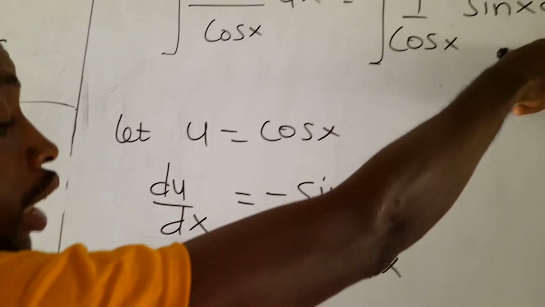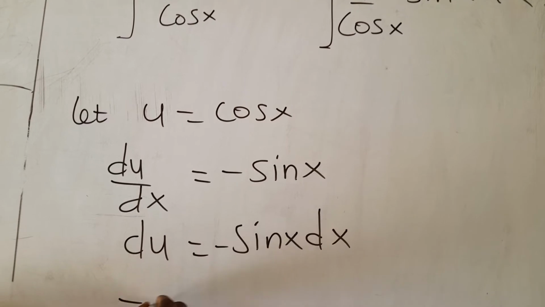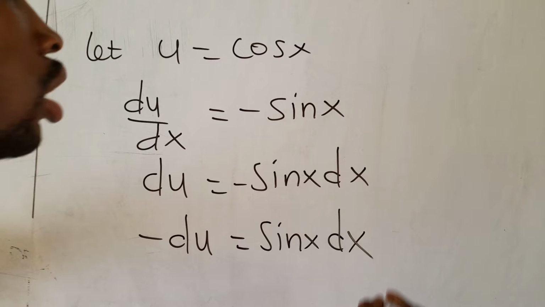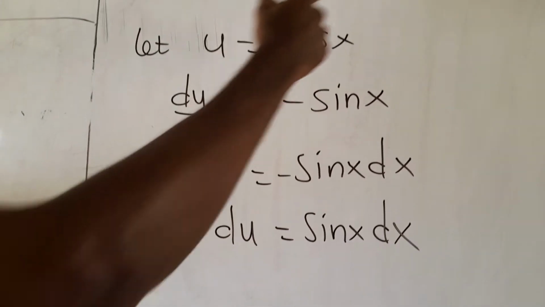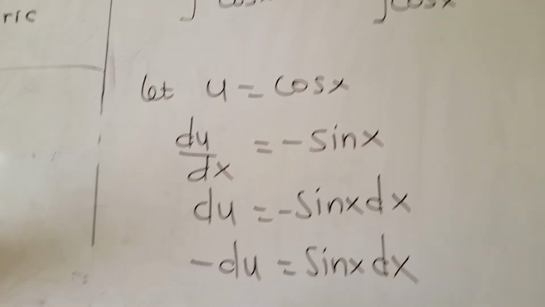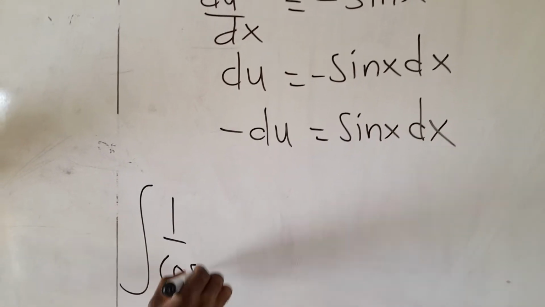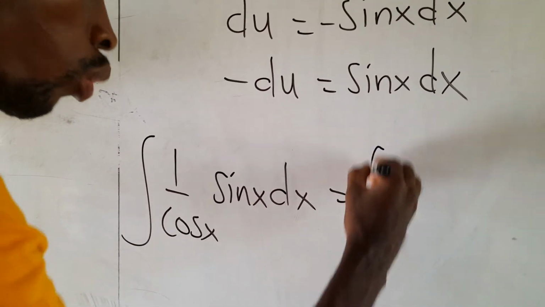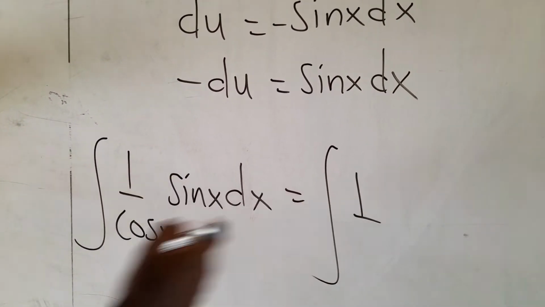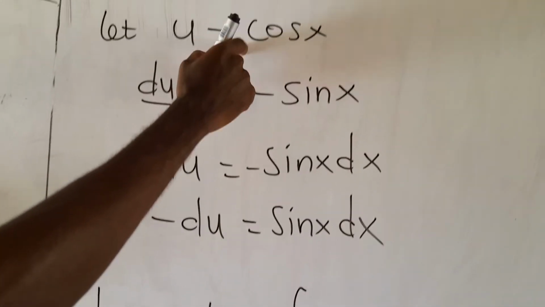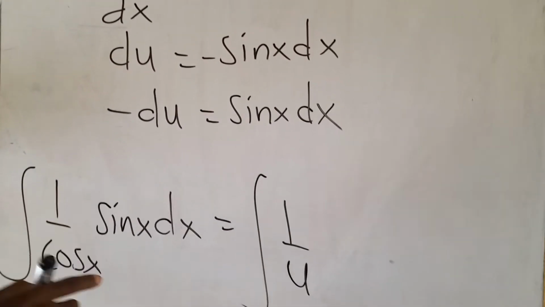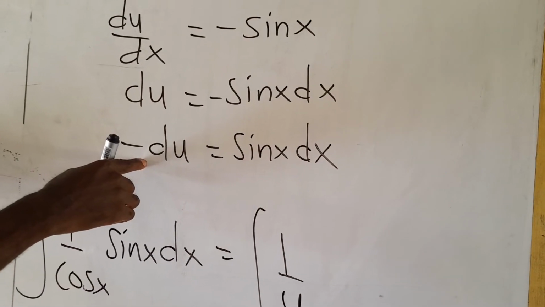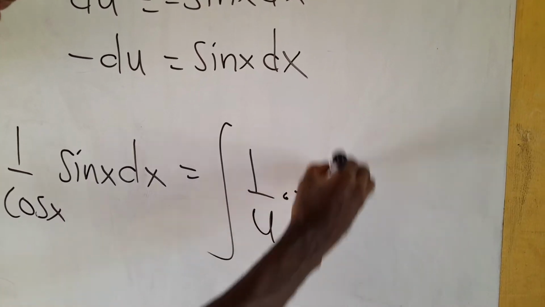I need sin x dx, so I'll divide both sides by negative 1, so negative du is equal to sin x dx. So the integral of 1 over cos x times sin x dx will be equal to 1 over u, since cos x is u, times negative du.